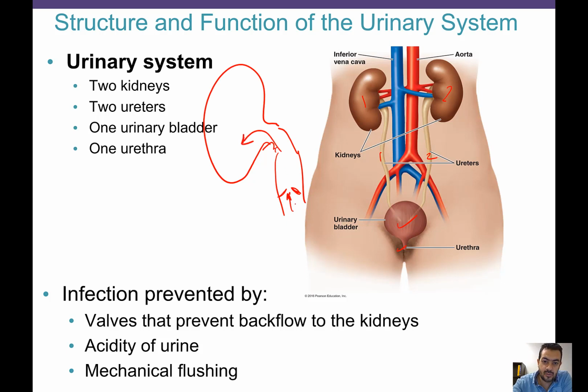So it's like a one-way direction. Once the urine is released from the kidney, it moves in one direction until it is discharged from the urethra. So these valves, in addition to the acidity, and the third one is the mechanical flushing.